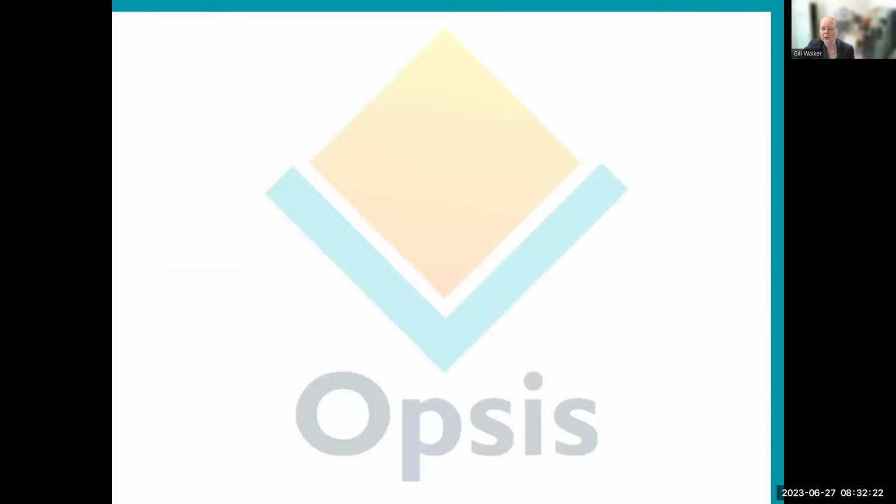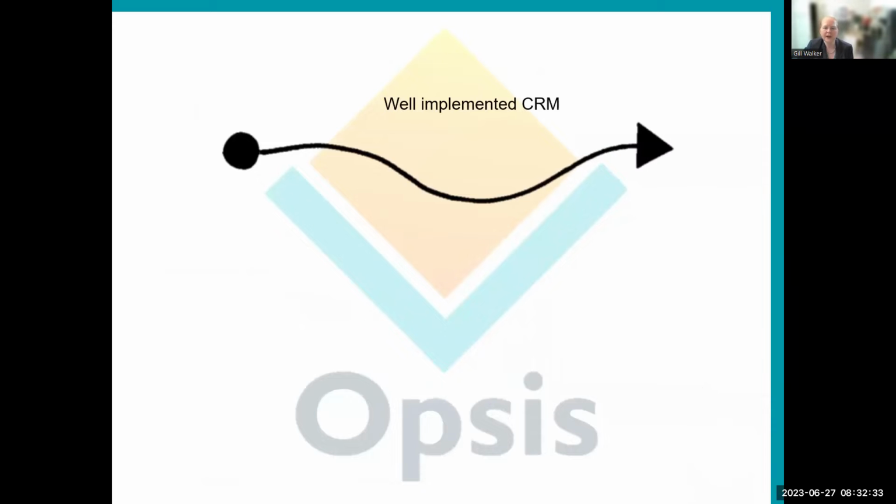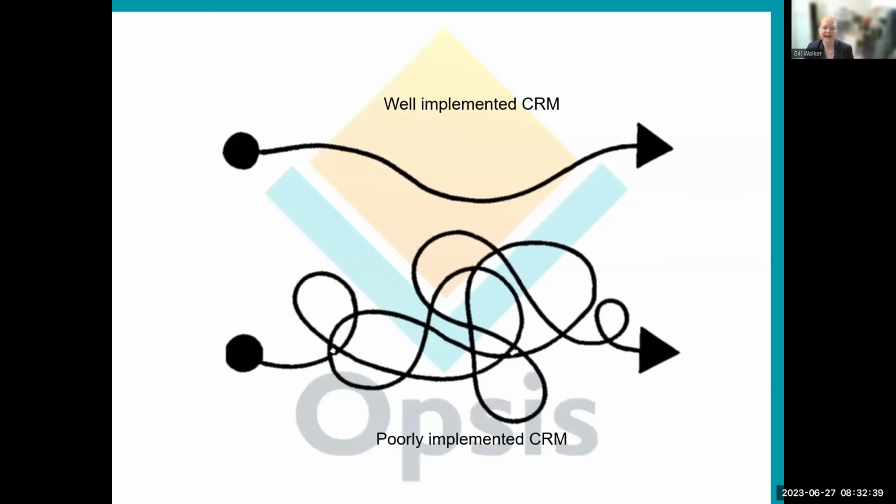So where I want to start is looking at a very simple comparison between well-implemented CRM, which enables salespeople, the focus of this conversation, and other users, versus poorly implemented CRM.